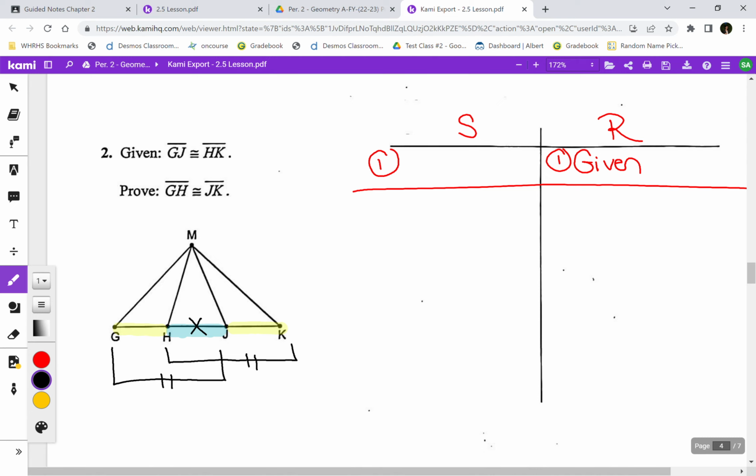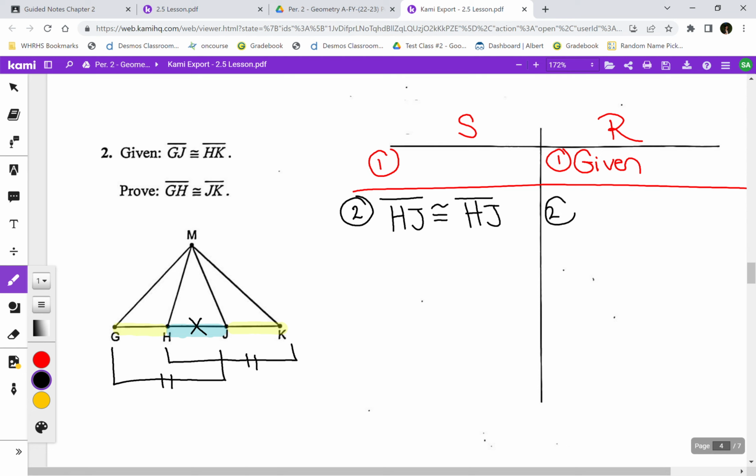But because we're taking away the same segment from two different segments, there's an extra step in this proof. Anytime you have an overlap and you're either adding it or taking it away, you have to do this step. The step is saying, step number 2, you're going to say that that segment is congruent to itself. So you're going to say HJ is congruent to HJ.